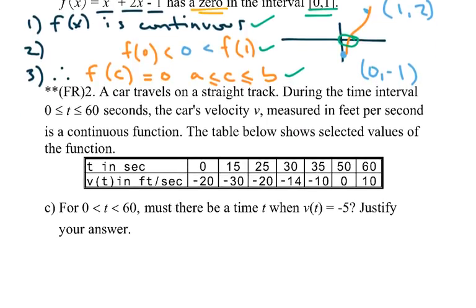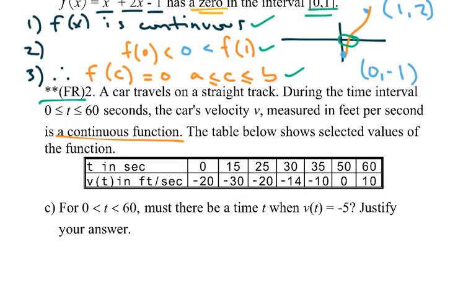Alright, let's actually apply this to something real now. Number 2, and this was an actual AP question, because there are stars next to it. It says a car travels on a straight track. During the time interval from 0 to 60 seconds, the car's velocity measured in feet per second is a continuous function. Okay, that's probably important. The table below shows selected values of the function.